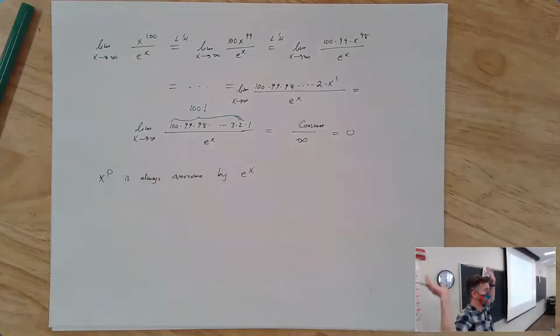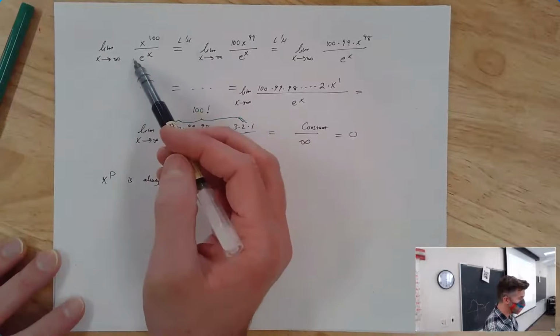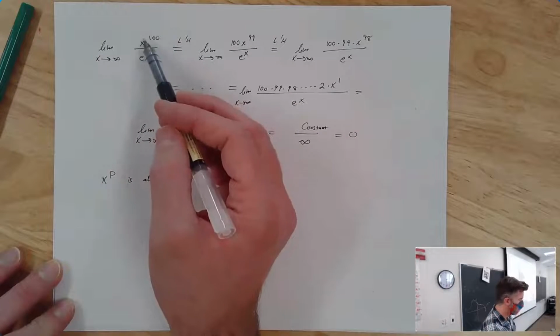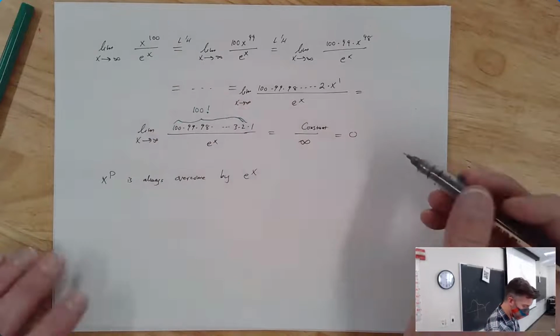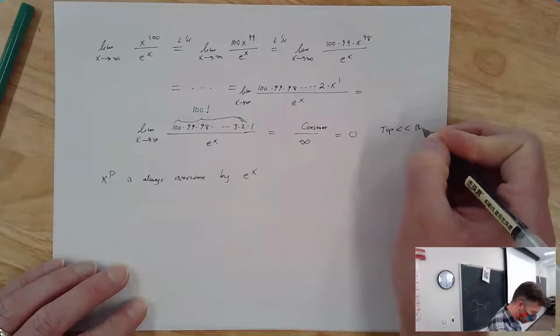But if you zoom out far enough, eventually e to the x overtakes x to a really large power. Always true. And we can know that's true because of what we did here. This limit being 0 shows me that the thing on top is eventually going to be way smaller than the thing on the bottom. So the top is way less than the bottom.